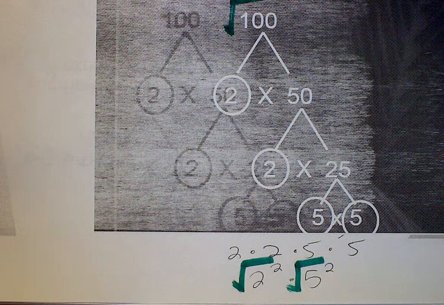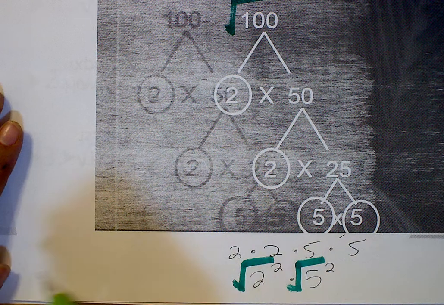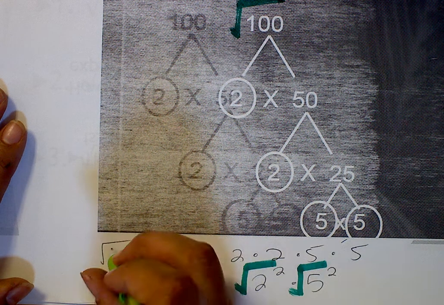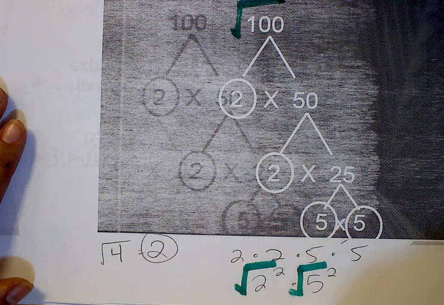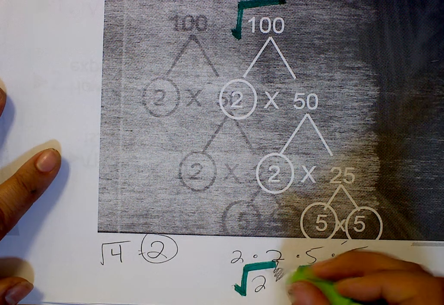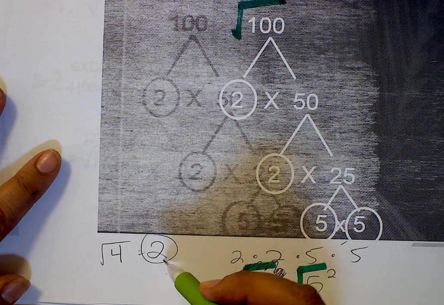This is the time where we learn that the inverse property, what undoes square root, is squared. They undo each other. Let me show you on the side how that works. If we took 2 squared, 2 squared is 4, and the square root of 4 is 2. So square root and squared undo each other, and the answer is just 2, which is what we got right here.